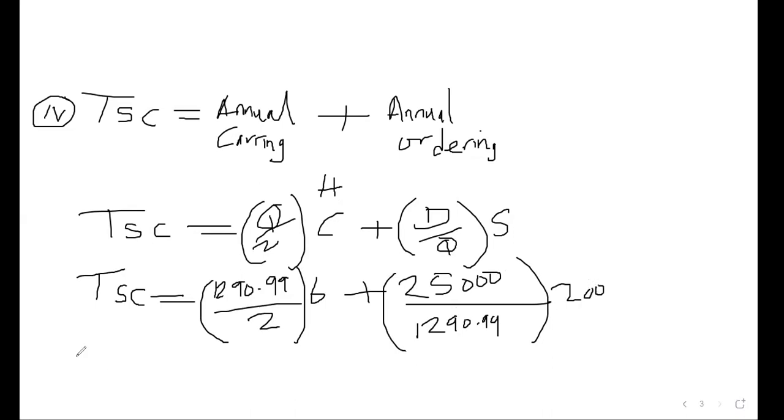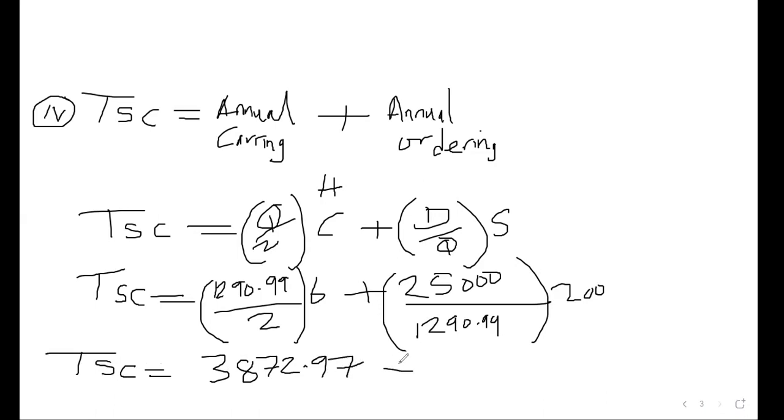So we can find the total stocking cost, where we are looking at 1,290.99 divided by 2 times 6, which is 72.97.